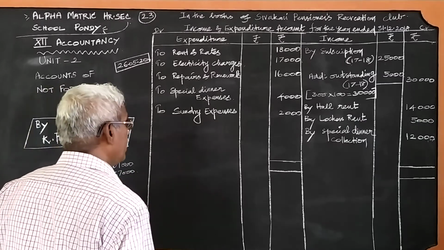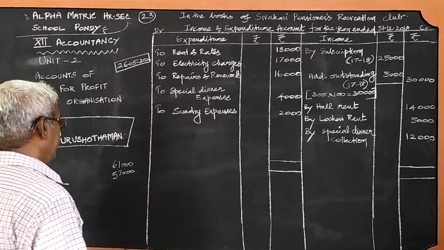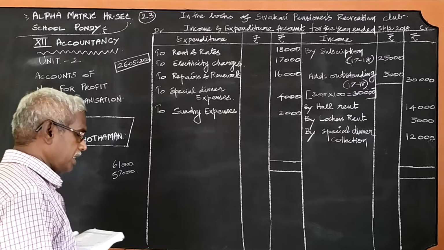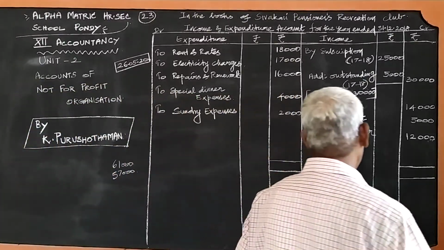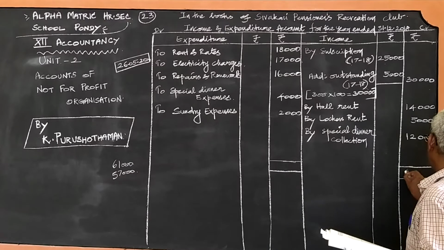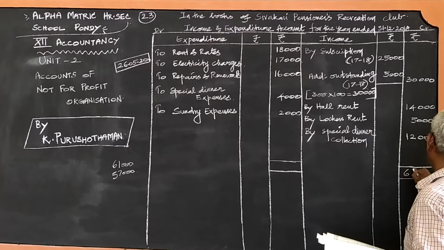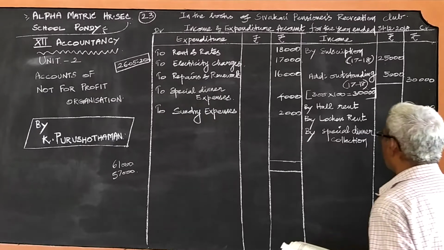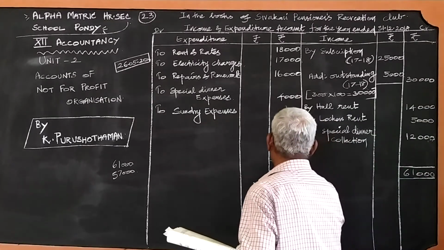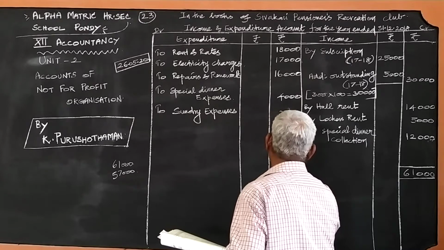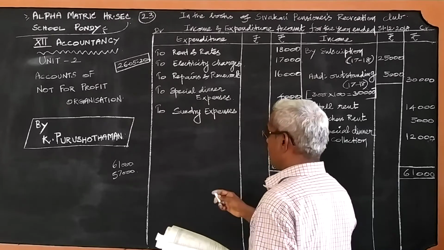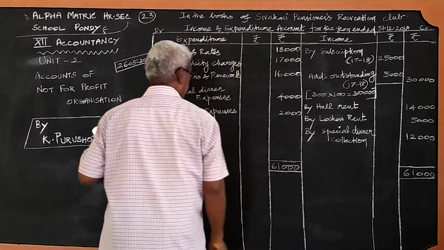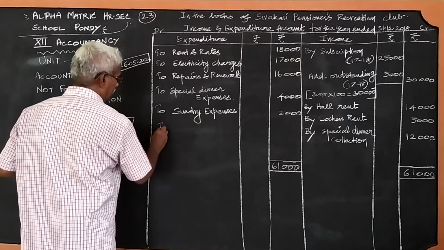Income side total 61,000. Expenditure side total 57,000. The greater total is 61,000. Right, on both sides.